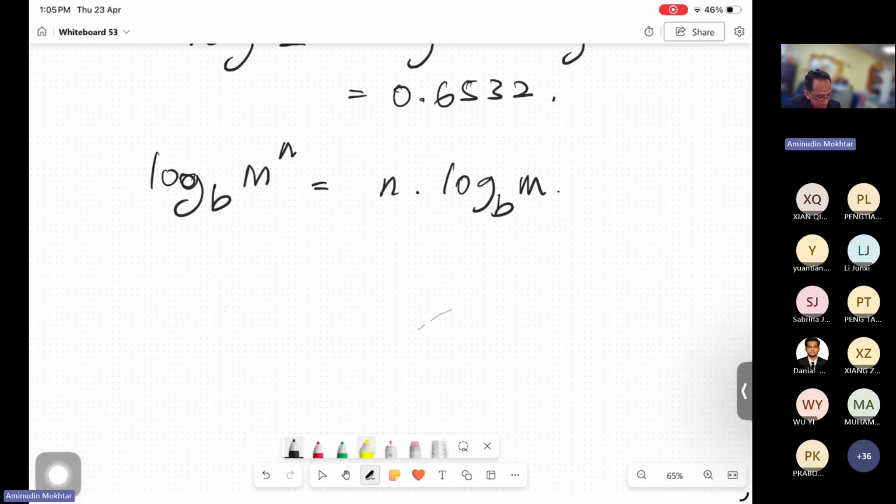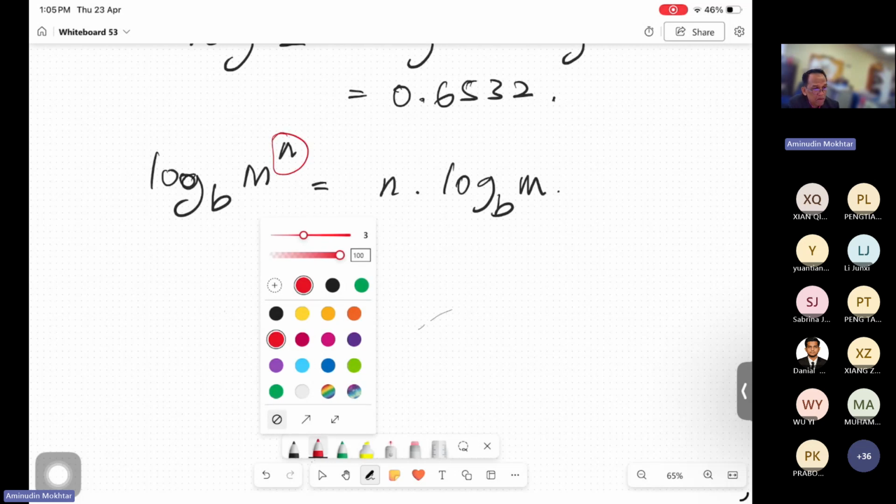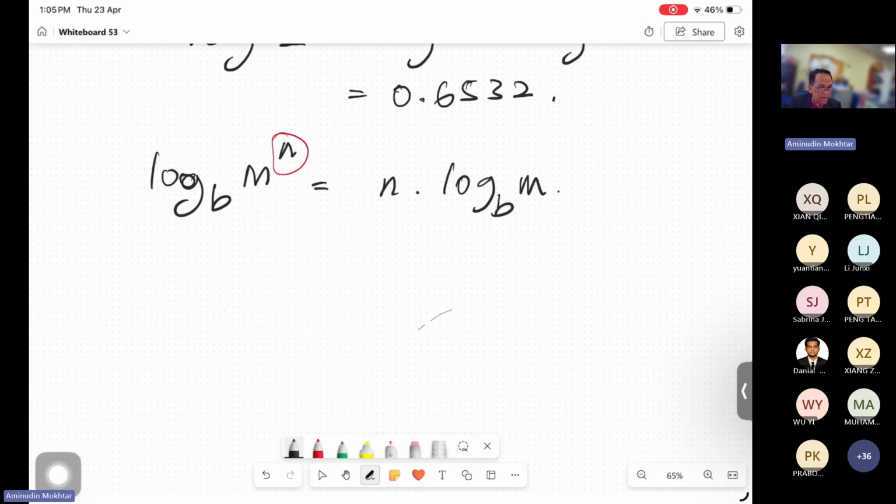When we take the log of a number m with an exponent, m to the power of n, we can bring the exponent down in front of the log as a multiplier.